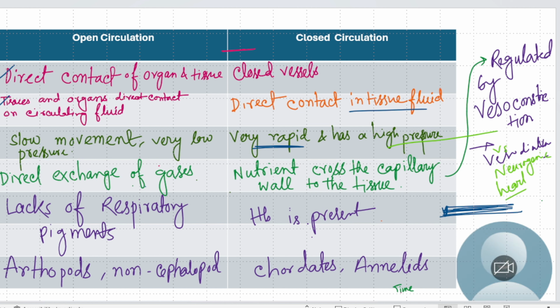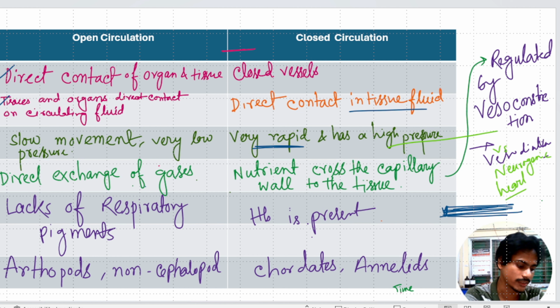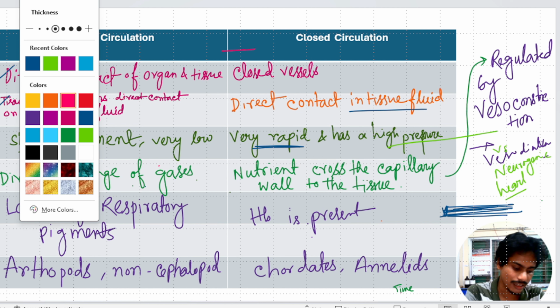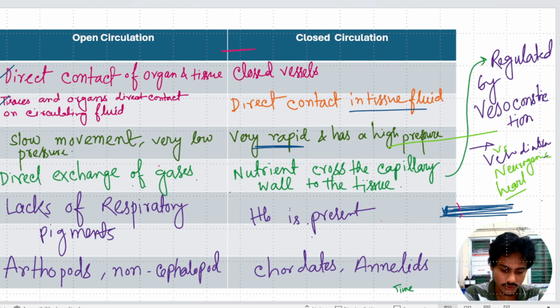In a blood vessel, it can be constricted or dilated. If there is vasoconstriction, blood pressure increases. For vasodilation, blood pressure diminishes. So that can be controlled in the closed system.